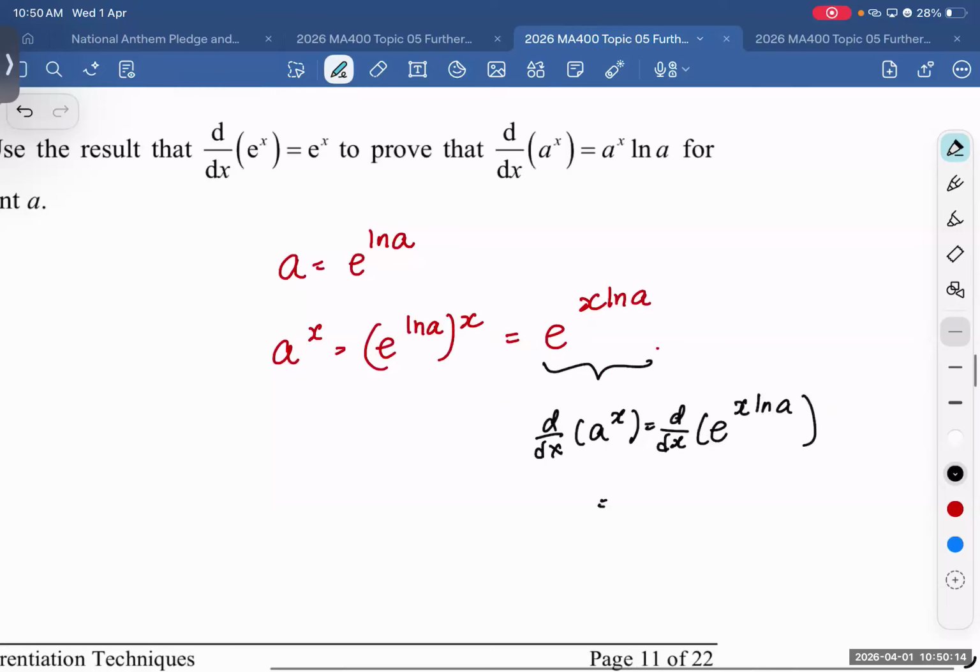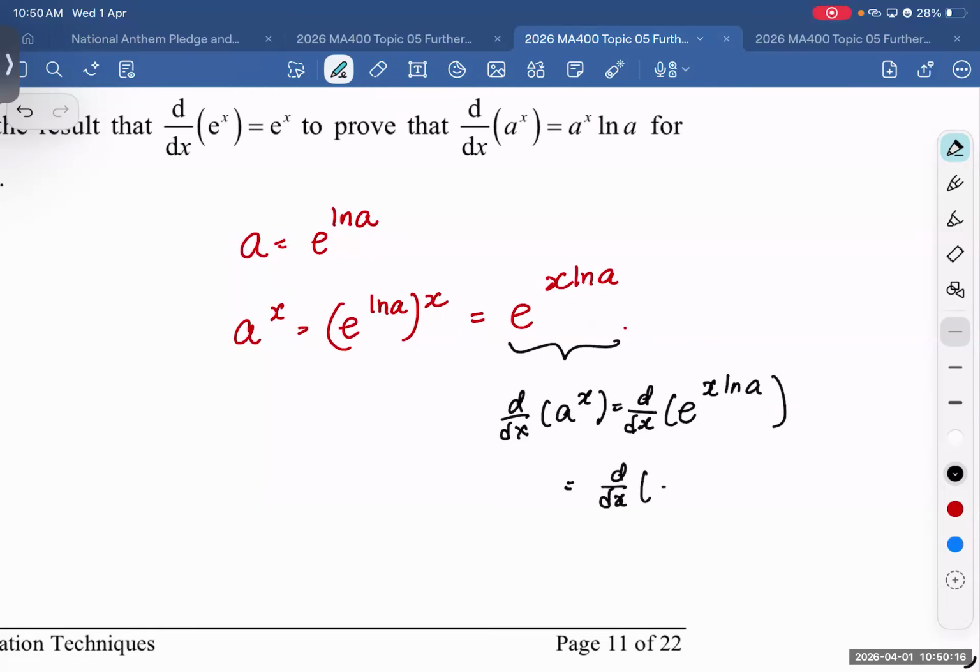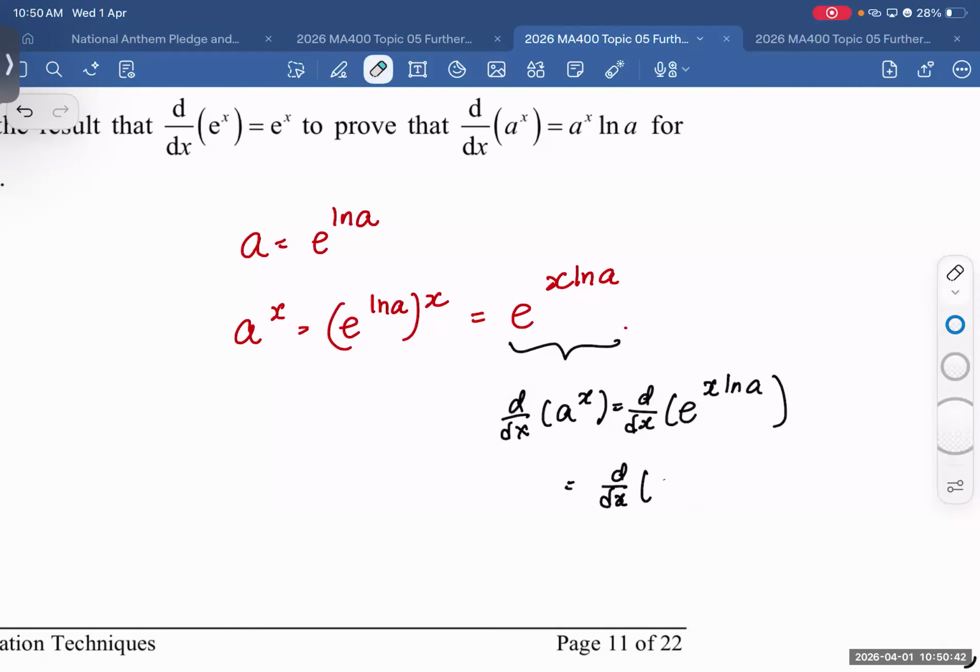What does that give you? So you see, this is the same as differentiating e power log a times e power x, right?